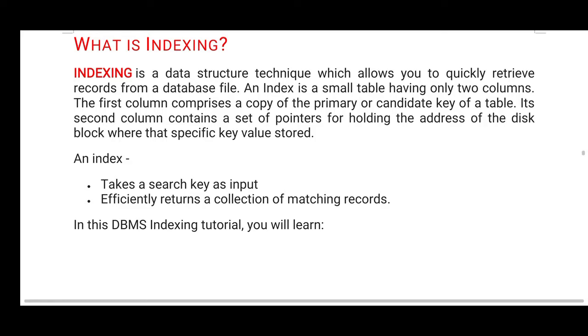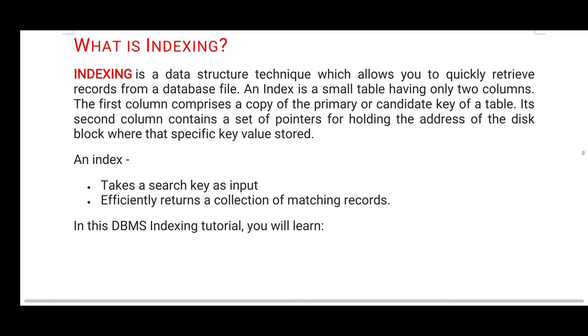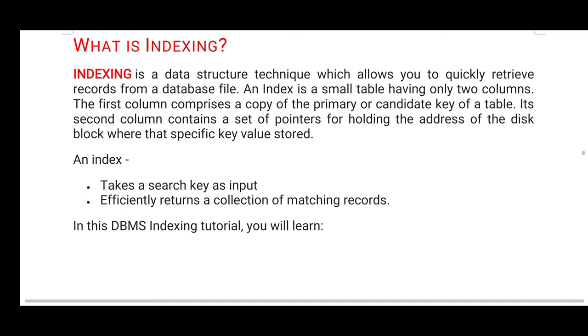The first column comprises a copy of the primary key or candidate key of a table. The second column contains a set of pointers holding the address of the disk block where that specific key value is stored.